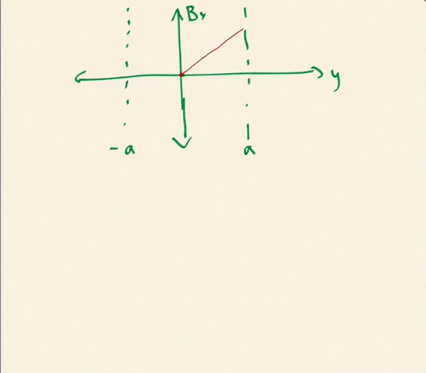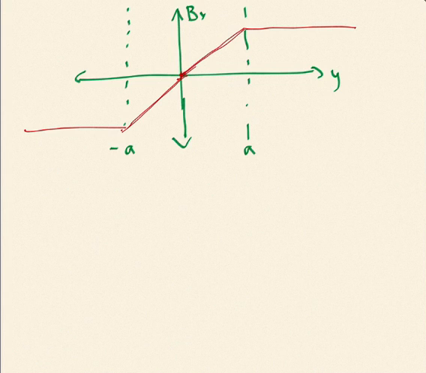It increases linearly and decreases linearly like that, away from the origin, from the center of the sheet, and then it becomes constant on the outside. Constant positive on one side and constant negative on the other side, so it just reverses direction.